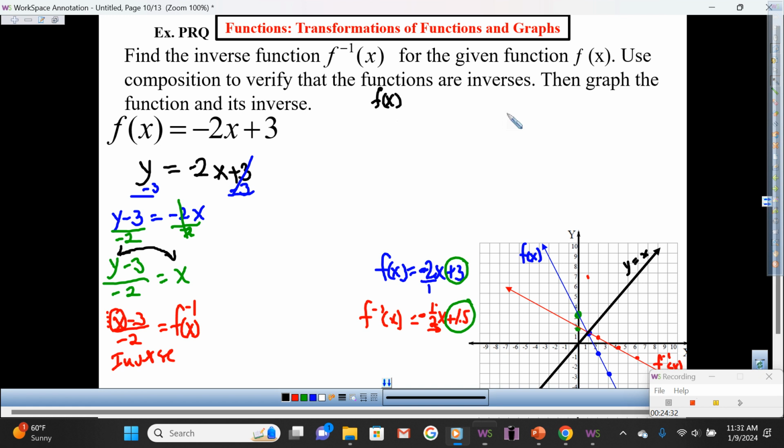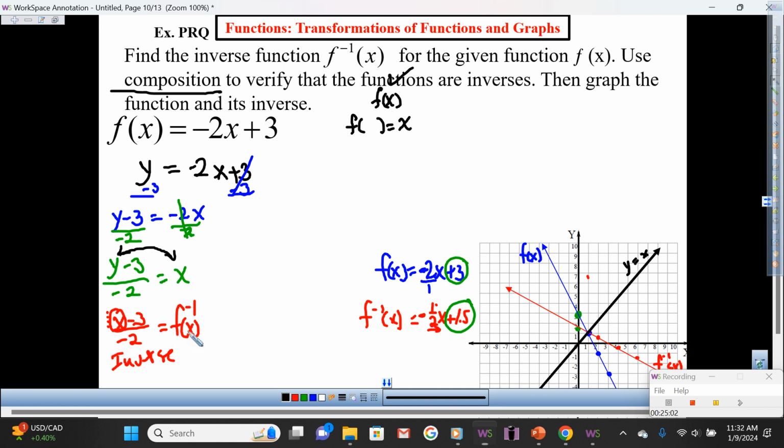This is what we call using composition, which means we're going to check that they are inverses. So this is what we're going to check. Look up, please. We're going to check that f of x at the end is equal to x.